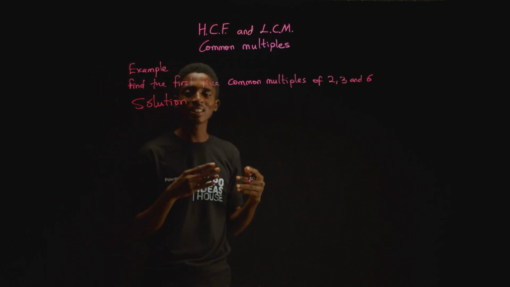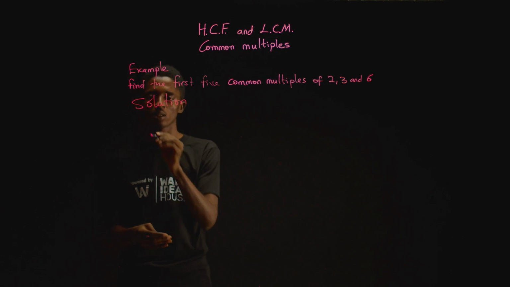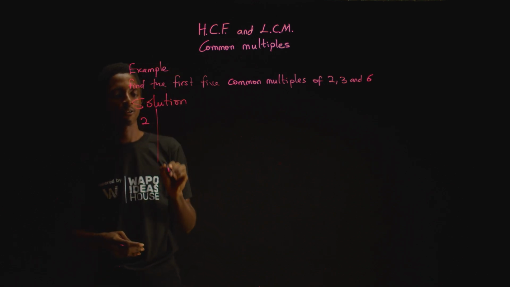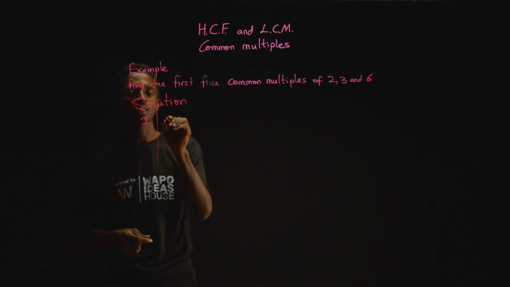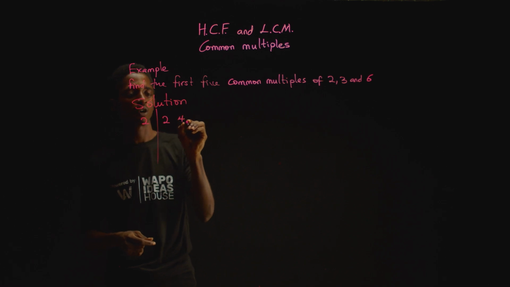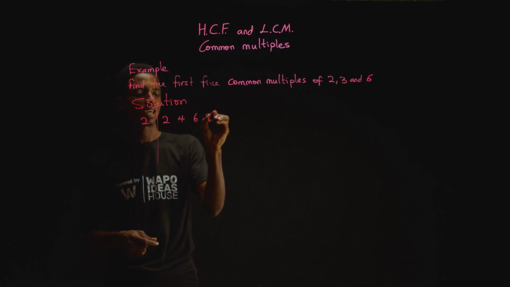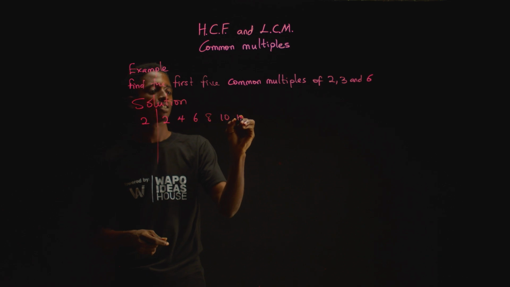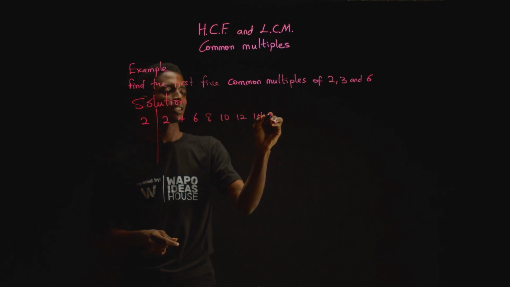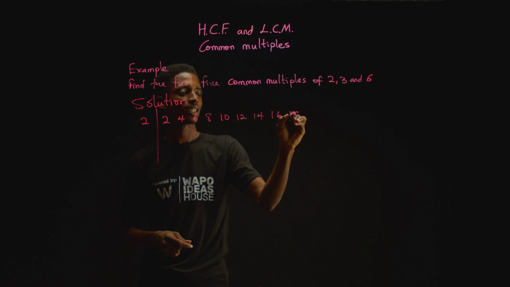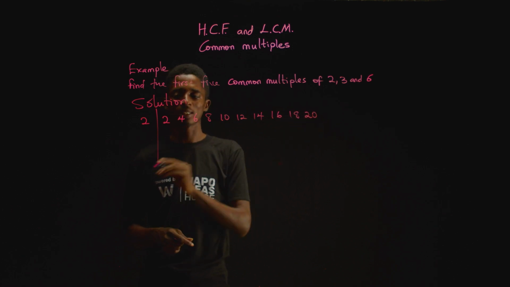Let's start by writing their first 10 multiples. So for 2, the first 10 multiples of 2 would be 2, 4, 6, 8, 10, 12, 14, 16, 18, 20.